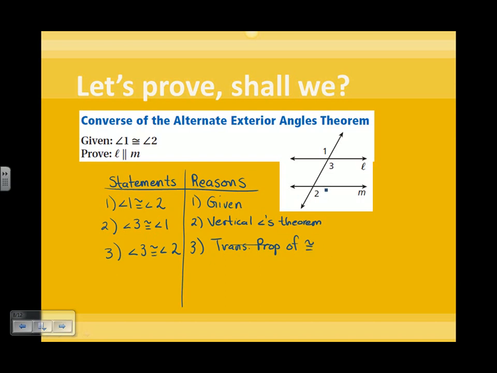And then if 2 and 3 are congruent, then that means the lines are parallel. Line L is parallel to line M because 2 and 3 are corresponding angles, and so this would be by the converse of the corresponding angles postulate. And there you have it.